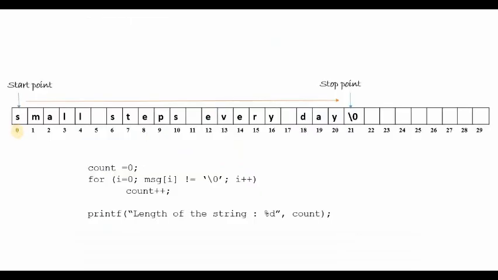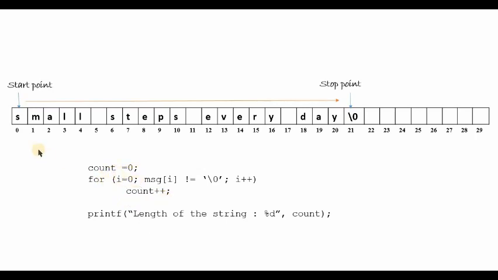In order to count the total number of characters in the string, I am going to start the count from the first index, that is the 0th index. I iterate over each and every element of the string, and every time I iterate over the next element, I increment the value of count by 1. Initially the value of count is set to 0.